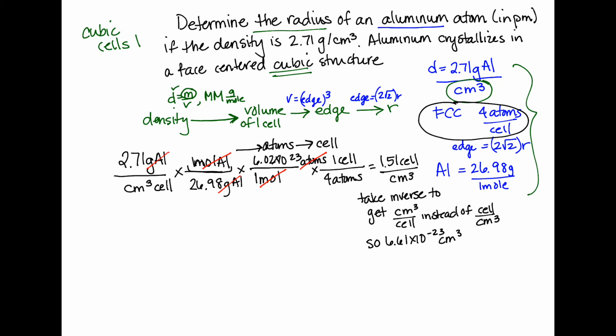Now I understand that this idea of taking the inverse might make you pretty anxious because you're thinking, how am I going to remember to do that at the end? How do I know that I need to do that at the end? The reasoning is that you're going to know you need to do it because you need to find cubic centimeters, and what you found was 1 over cubic centimeters, like how many cells per cubic centimeter.